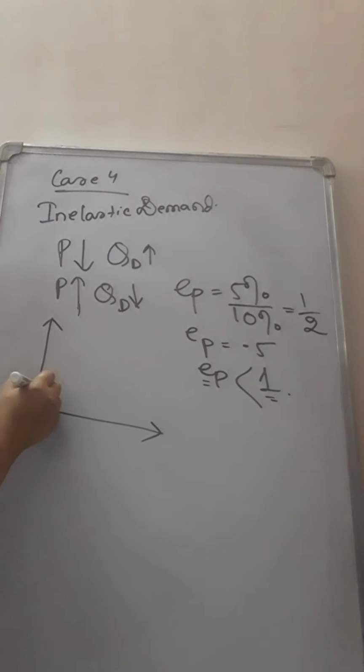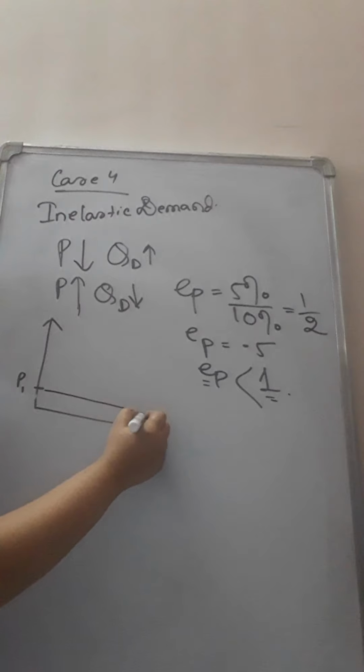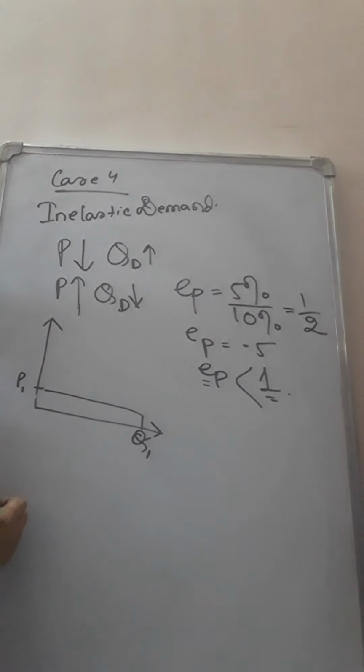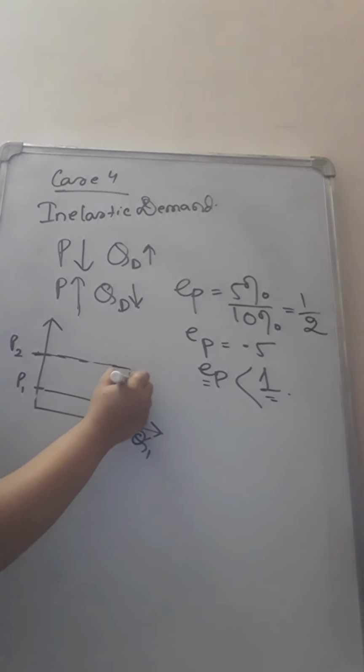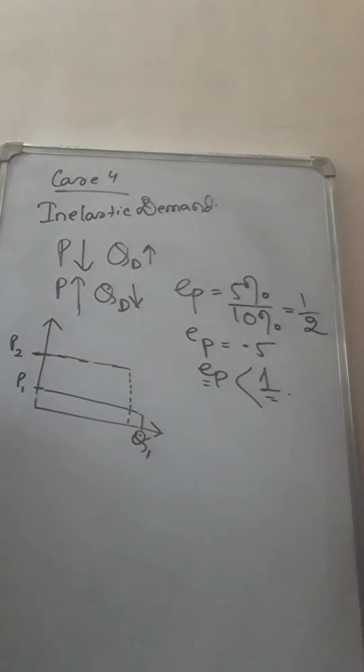And how to obtain the curve? Here, suppose P1 is the price, then the quantity demanded is Q1. Now P1 increases much more. Suppose this is P2. Price has increased by a much larger amount, but the demand change is very negligible. So quantity demanded will be changing but by less.